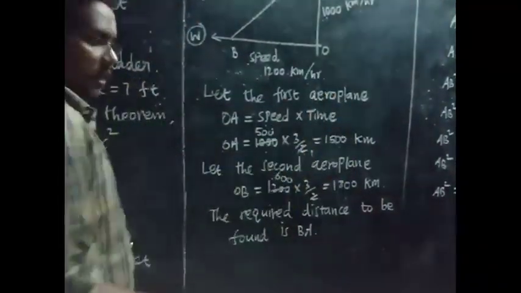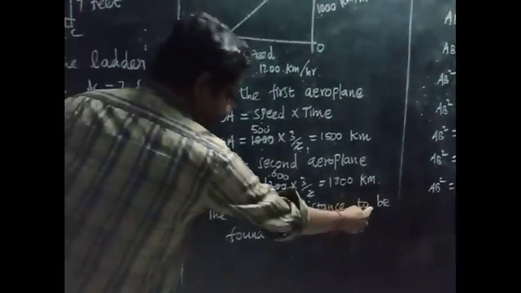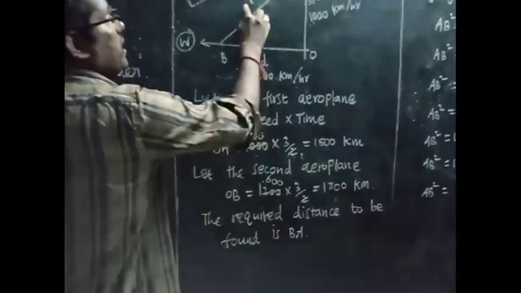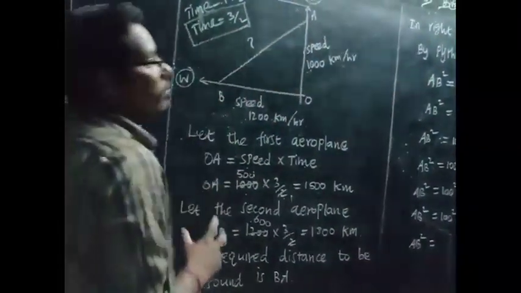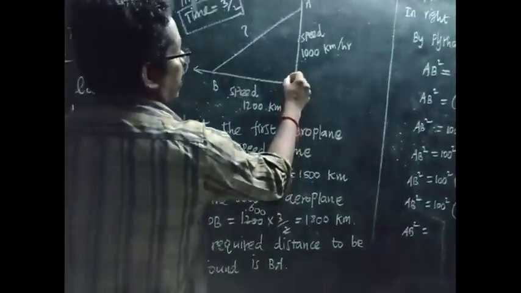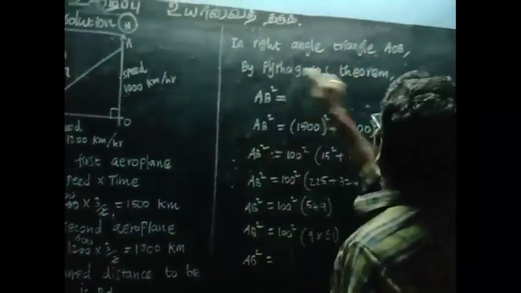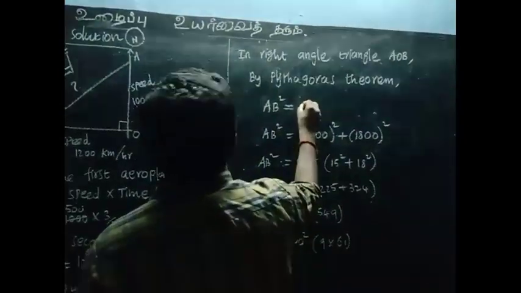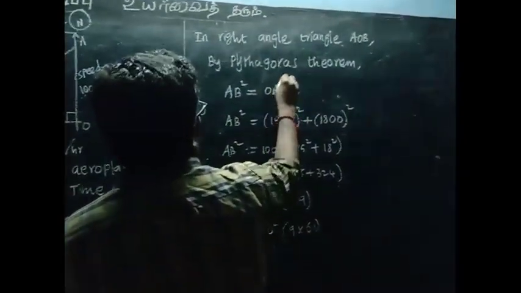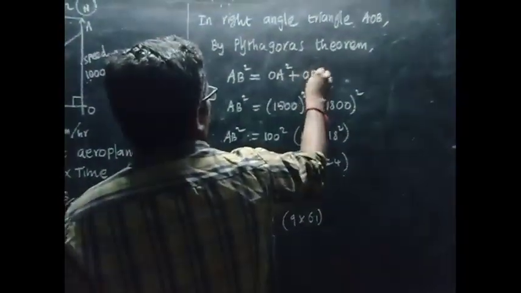Next, the required distance to be found is BA. That is a right angle triangle AOB. By the Pythagoras theorem, the hypotenuse is AB, therefore AB square equals OA square plus OB square.